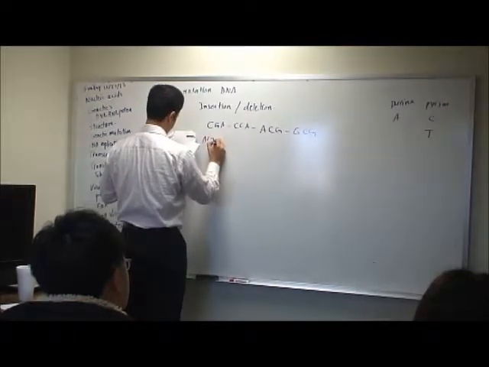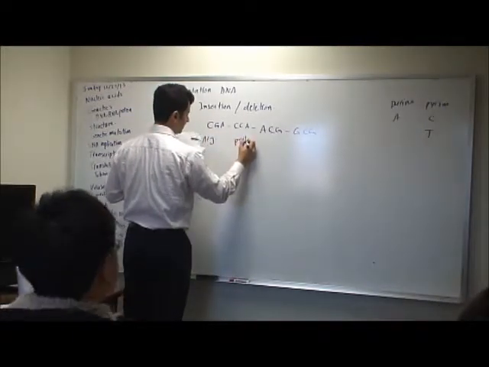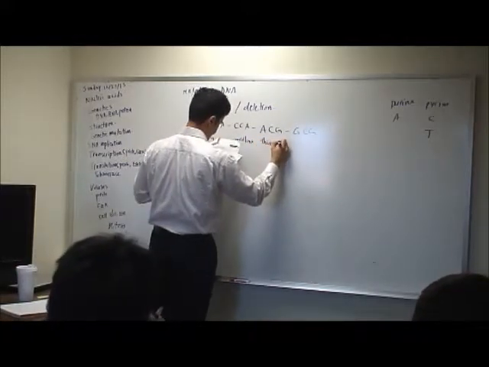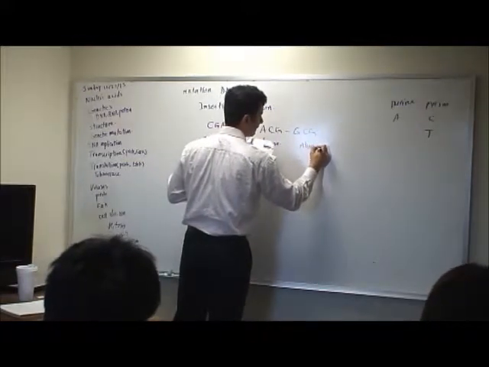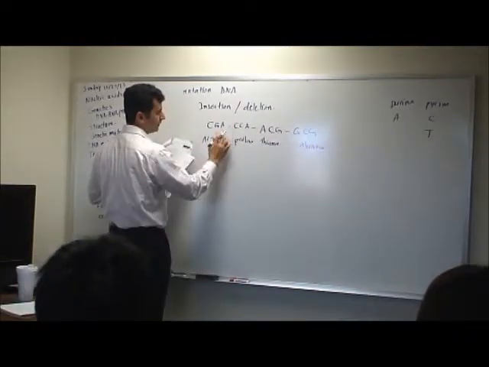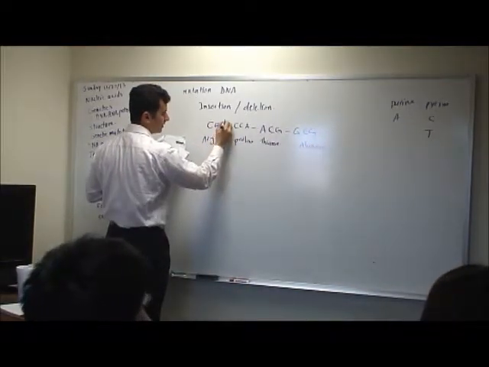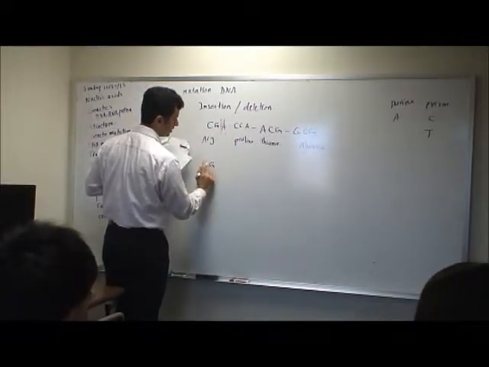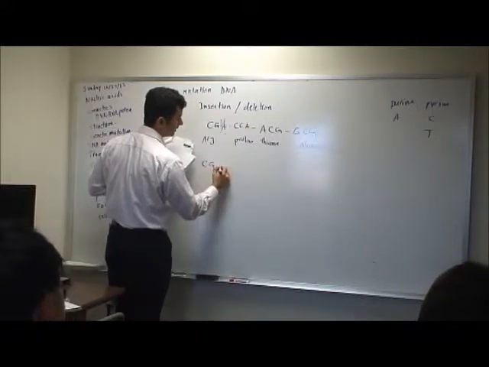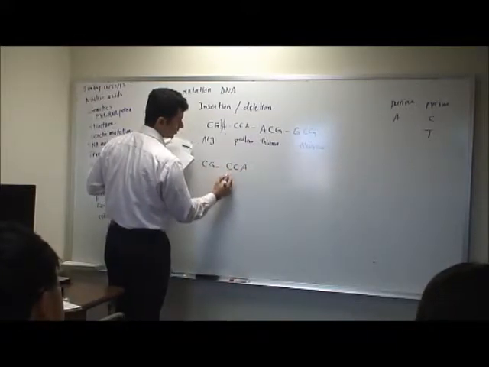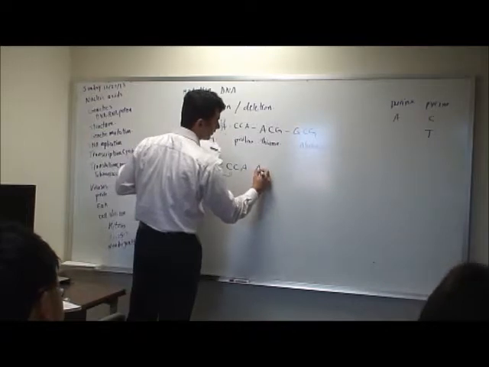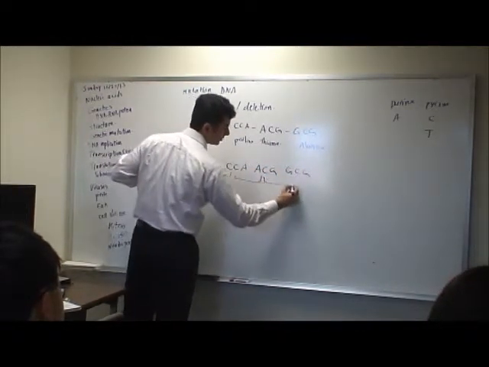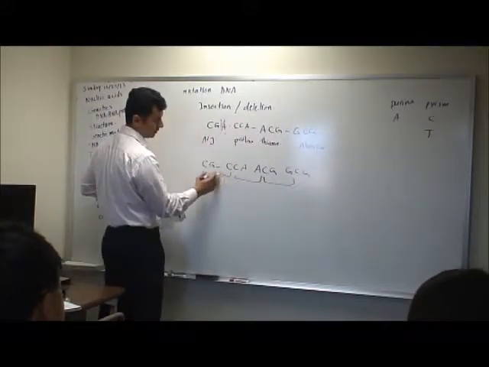This codes for arginine, this is proline, this is threonine, and this is alanine. So if you take one of them out, everything will change, right? If I take this one out, it becomes CG, and then CCA, everything will shift. Then you read it all together, ACG, GCG. There are 3 bases per amino acid. So as you can see, it becomes devastating.